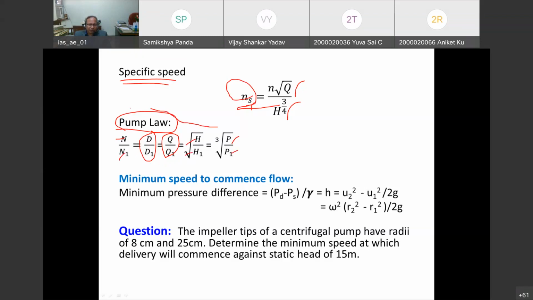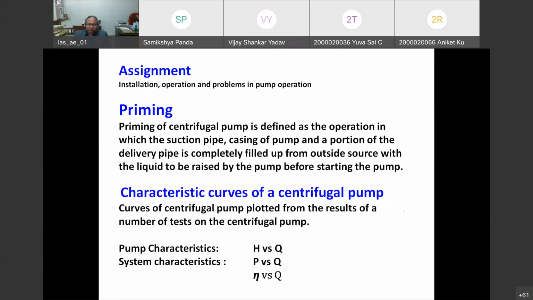With this, the relationship that has been developed is called the pump law. On the basis of that, if any one is known and the other is unknown, you can calculate or use it for the comparison of the pumps. And this is the minimum pressure difference you can calculate on the basis of the radial speed, and this is the priming.